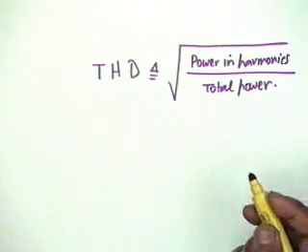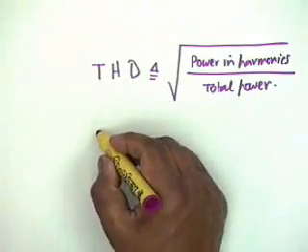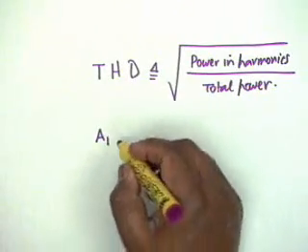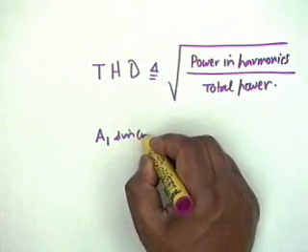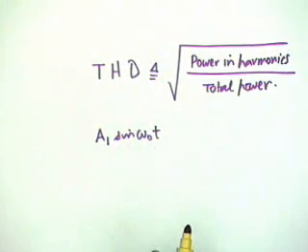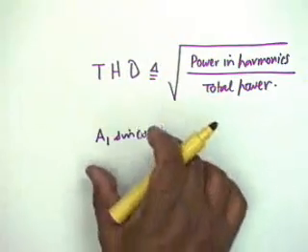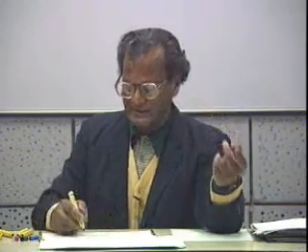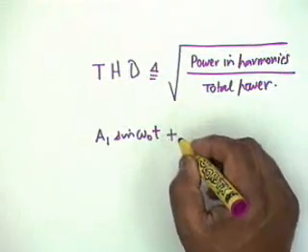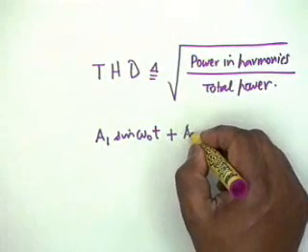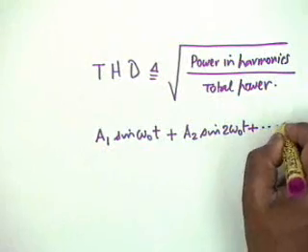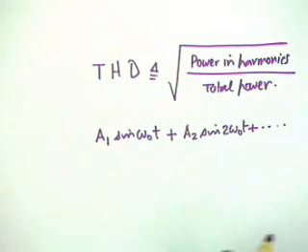It means what we want across the load is, let us say, a voltage or a current of the form A1 sine of omega 0 t. If omega 0 is your input frequency, this is what we want across the load. Unfortunately, due to large excursions, there come nonlinearities, and we get, let us say, A2 sine of 2 omega 0 t plus etc. We get the higher harmonics.